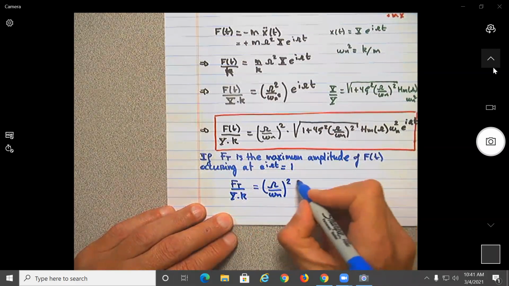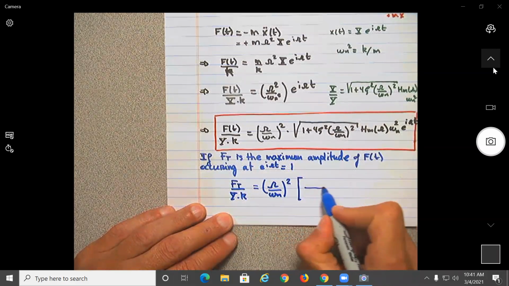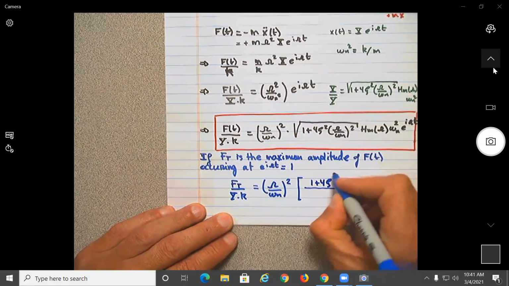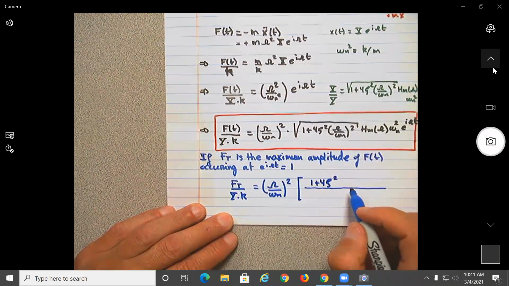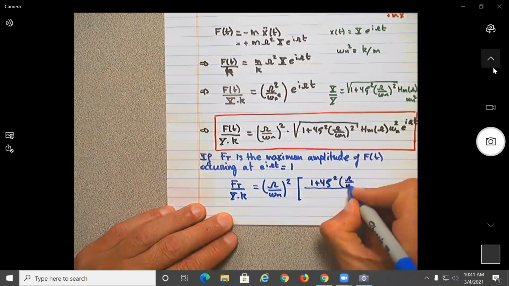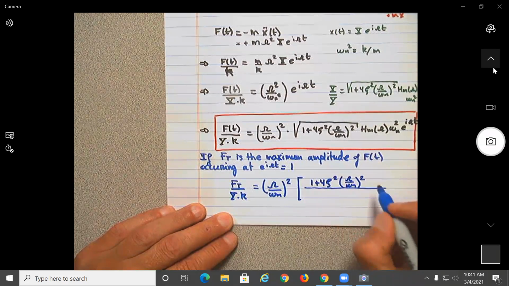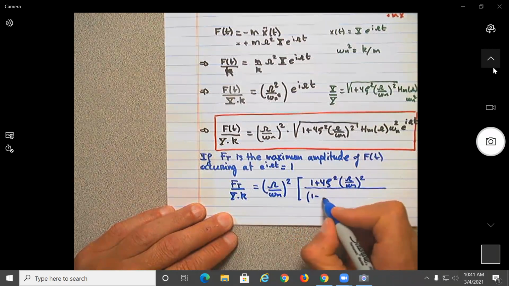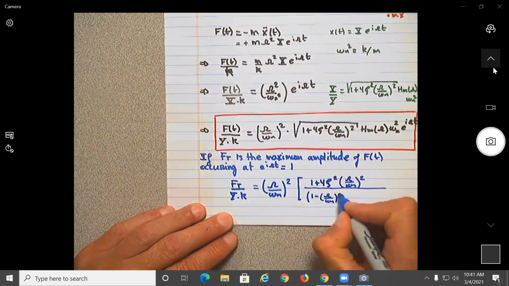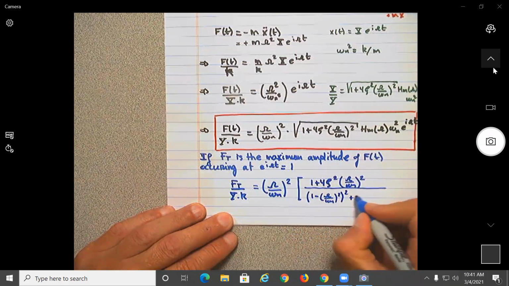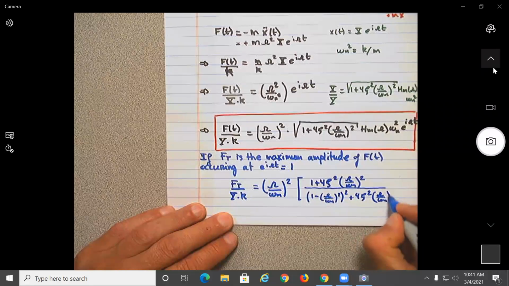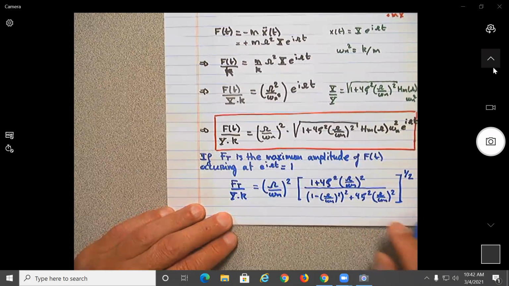And if you want, here I have it already putting the value of the denominator, so at the bottom I'm going to have this expression, which is 1 minus the ratio of capital omega over omega n, squared, squared, plus 4 damping ratio squared omega over omega n squared. And instead of writing the square root top and bottom, I'm just going to put it outside the bracket, okay? Power to the 1/2.